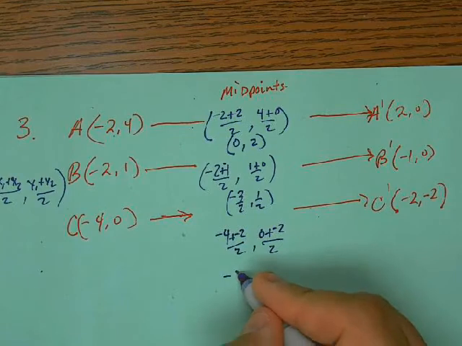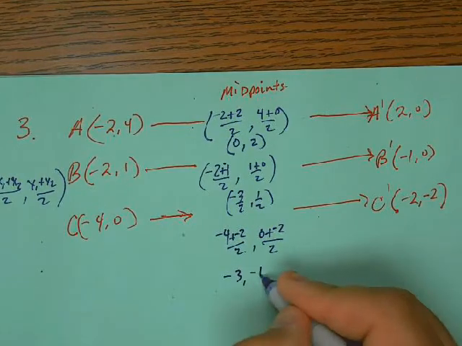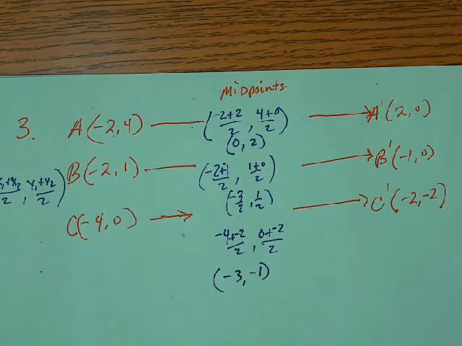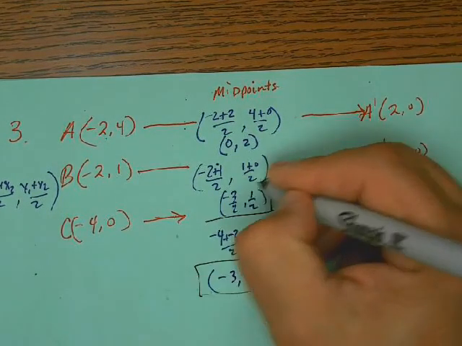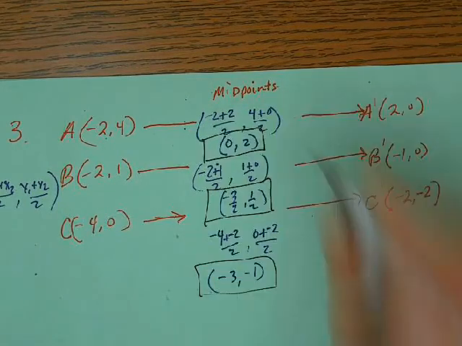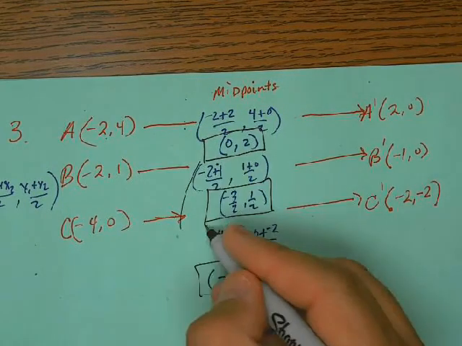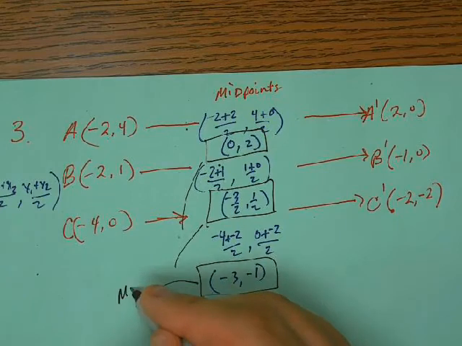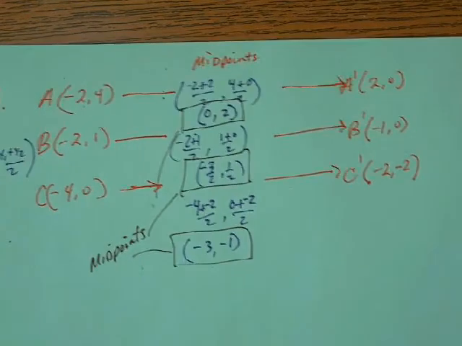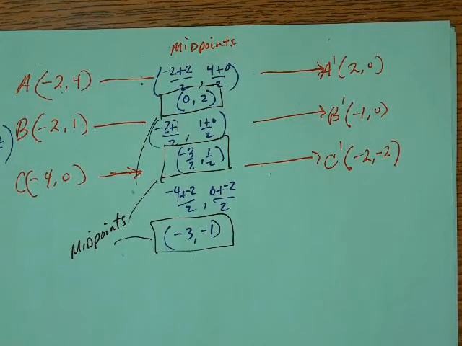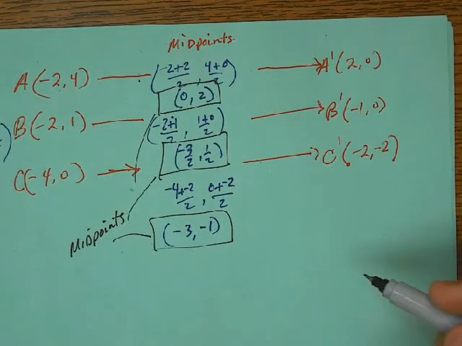We end up with -3 and -1. So we've got 3 midpoints. If I were to graph this, this should look exactly right with these coordinates as the midpoints. We have to use 2 of those 3 coordinates to find the equation of the line.